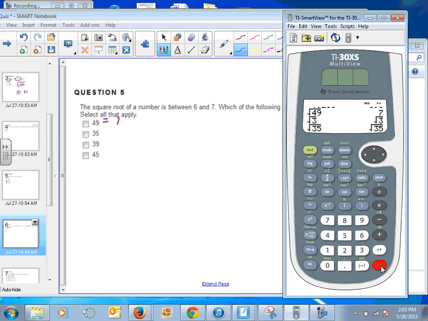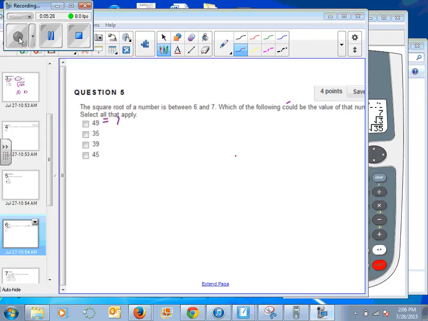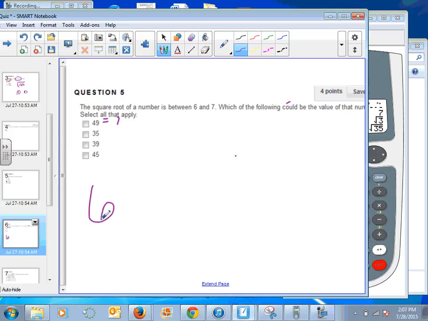Now you see we're running into a bit of a problem. That's okay, let's think about this. The square root of a number is between 6 and 7. If we're looking for something between 6 and 7, let's take 6 squared, which is 36.